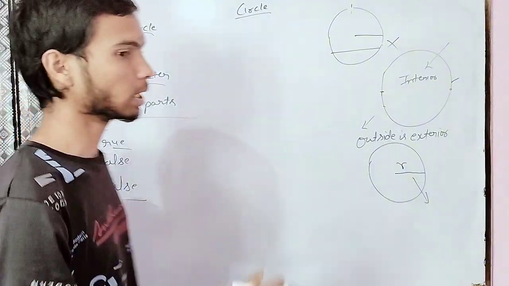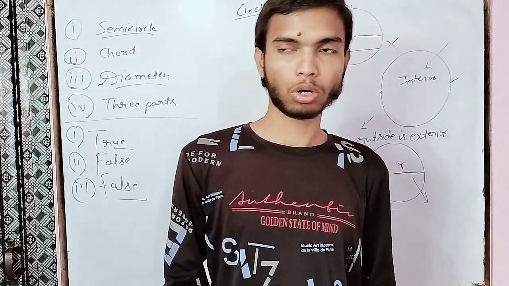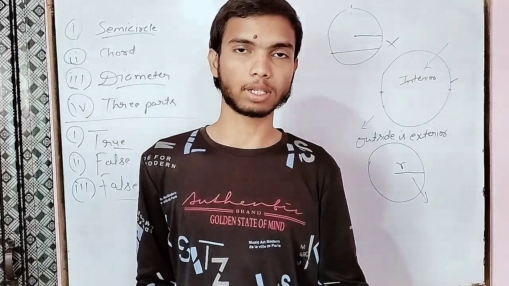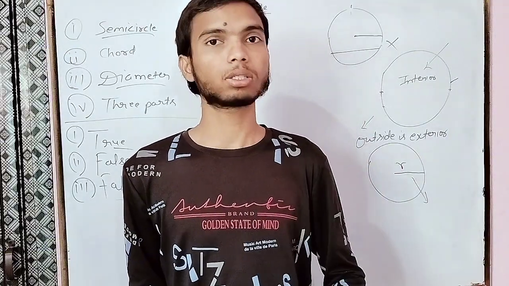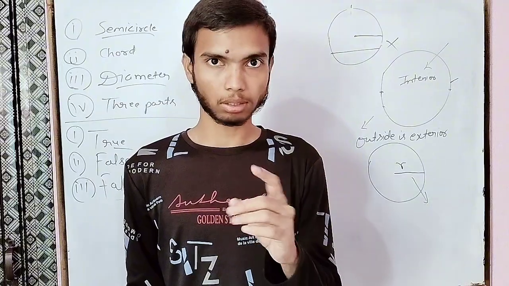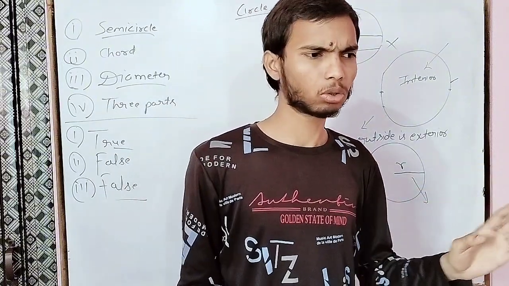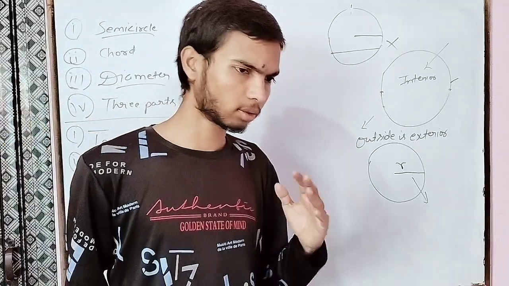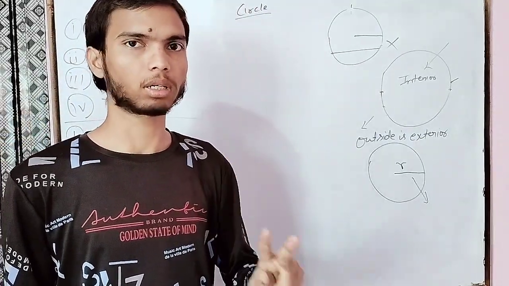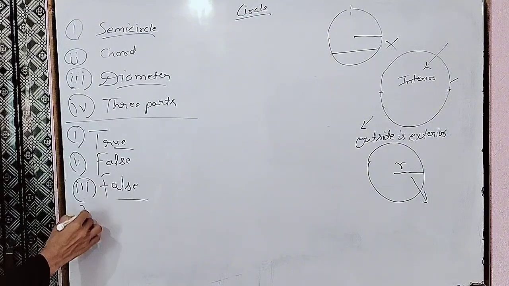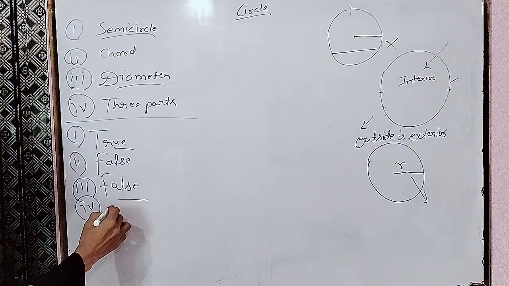Two radii will form a diameter line segment, and it is true that two radii will form the longest chord. So this was incorrect.